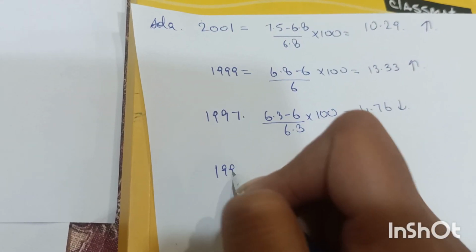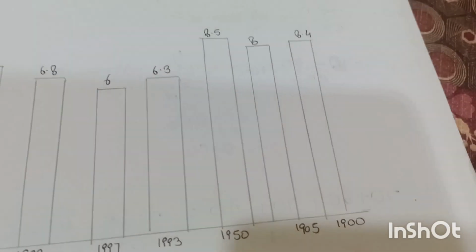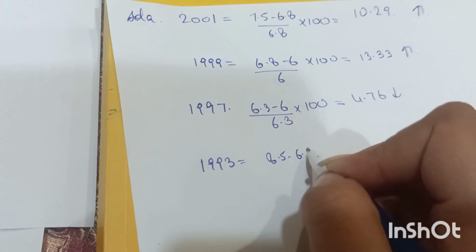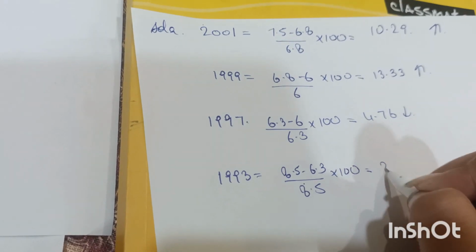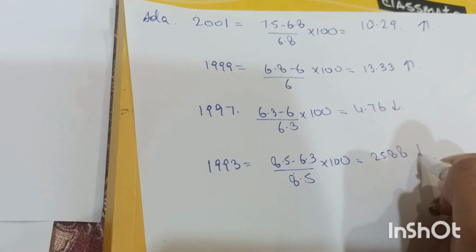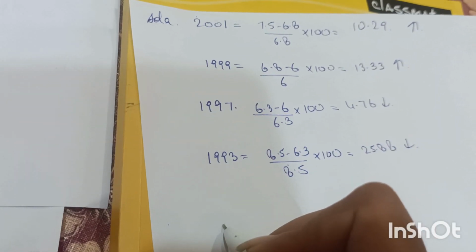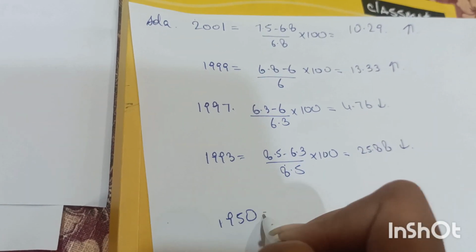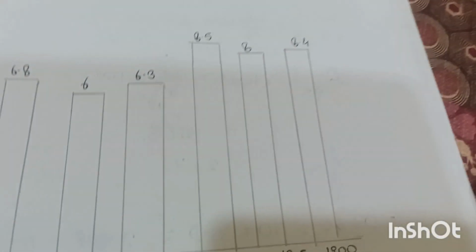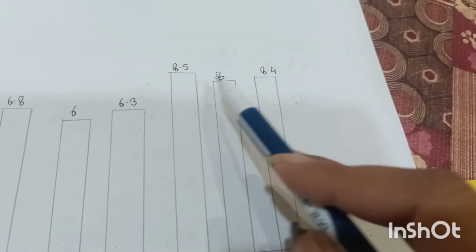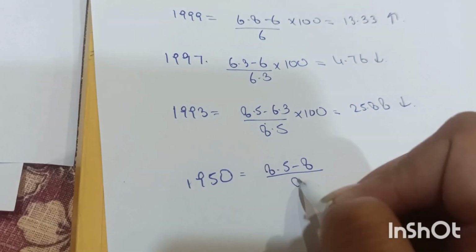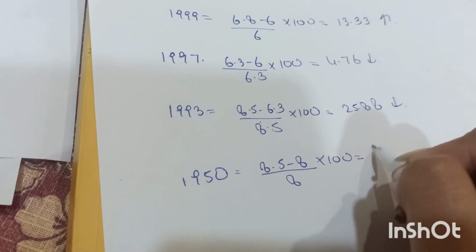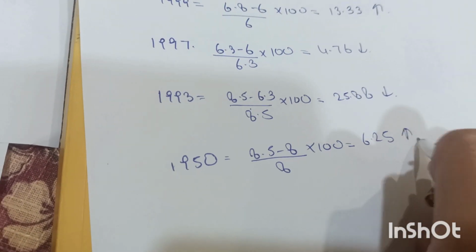And for 1993 you'll find 8.5 minus 6.3, and there is a decrease. And for 1950 you have to solve by 8.5 minus 8, 6.25, and there is an increase.